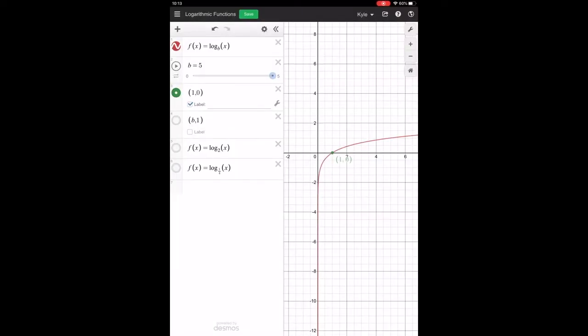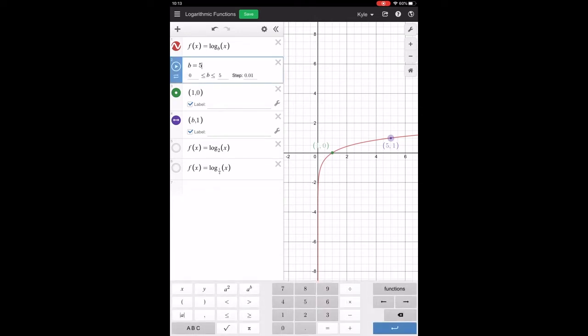You can see I'm going to click this point here, B1, and we'll have it labeled. This is where the x value is whatever b is. So this slider dictates what b is. Right now it's set to 5. Well, when I have b plugged in for x, log base 5 of 5, I get 1 out. Let's change that.